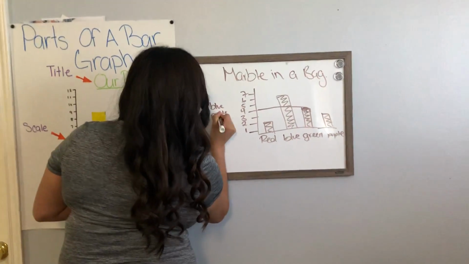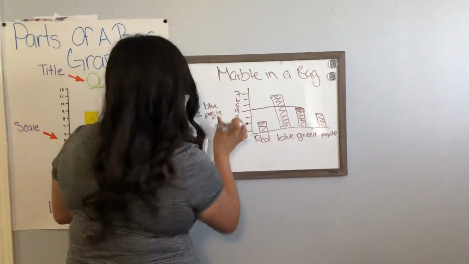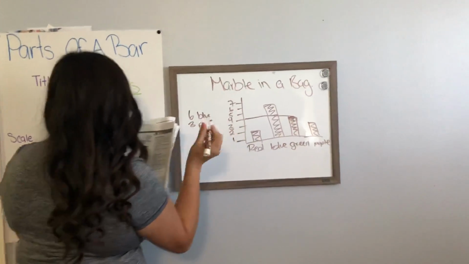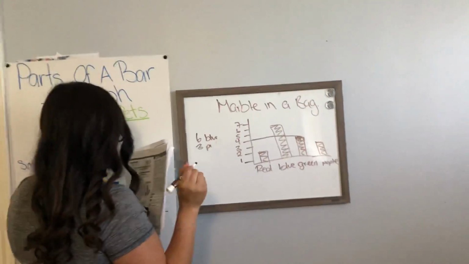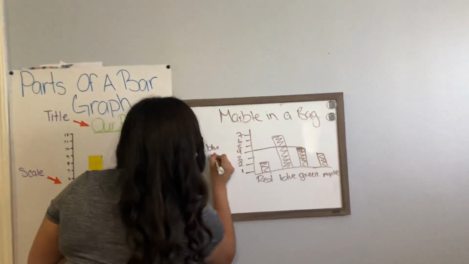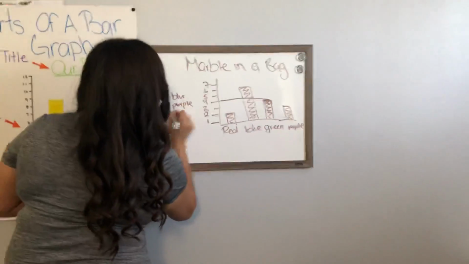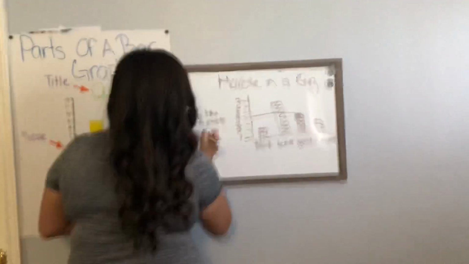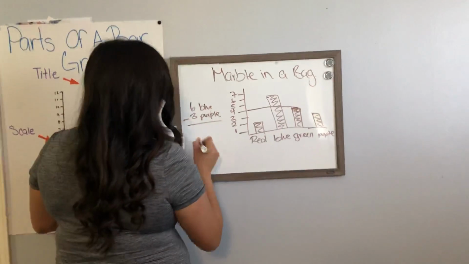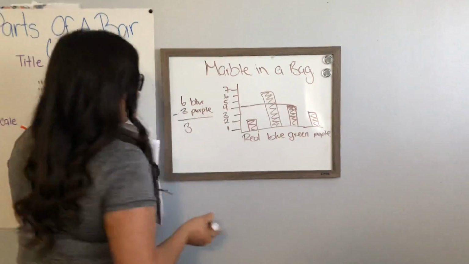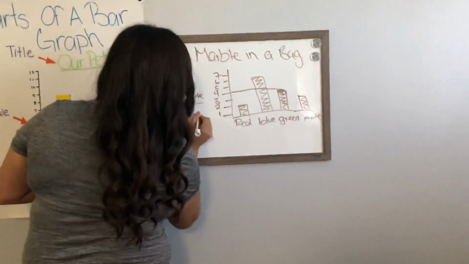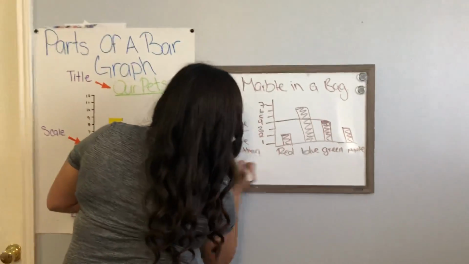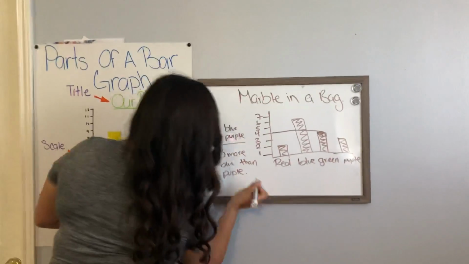And the question is asking us how many more blue marbles than purple marbles are in the bag. So that means we're going to subtract to see how many more we have. So 6 minus 3 will be 3. So we have 3 more blue than purple.